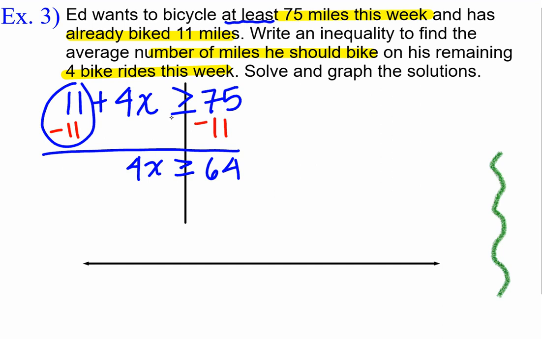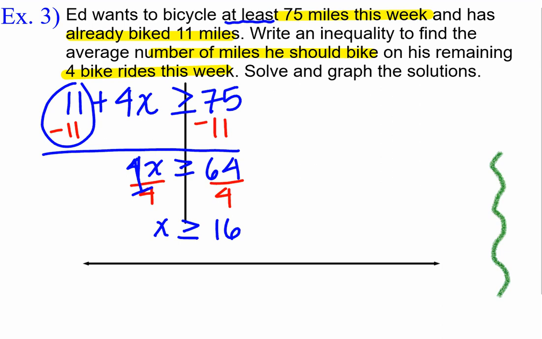Now remember, we only subtracted 11, so that's not going to change our sign. So we're going to divide both sides by 4, and that also does not change the sign. So we're going to keep that sign of greater than or equal to. This becomes 1, and 1 times x is x, and 64 divided by 4 is 16.